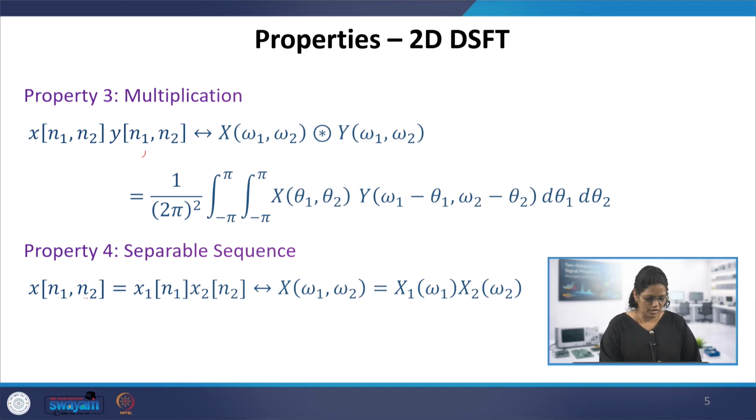Similarly, if x of n1 comma n2 is a separable 2D sequence, you can write it as the product of two sequences x1 and x2. Then its DSFT X of omega 1 comma omega 2 is the product of the DSFTs of the individual sequences. So it's easy to perform the 2D DSFT: if the sequence is separable, you can use the DTFT of the individual sequences and take the product.